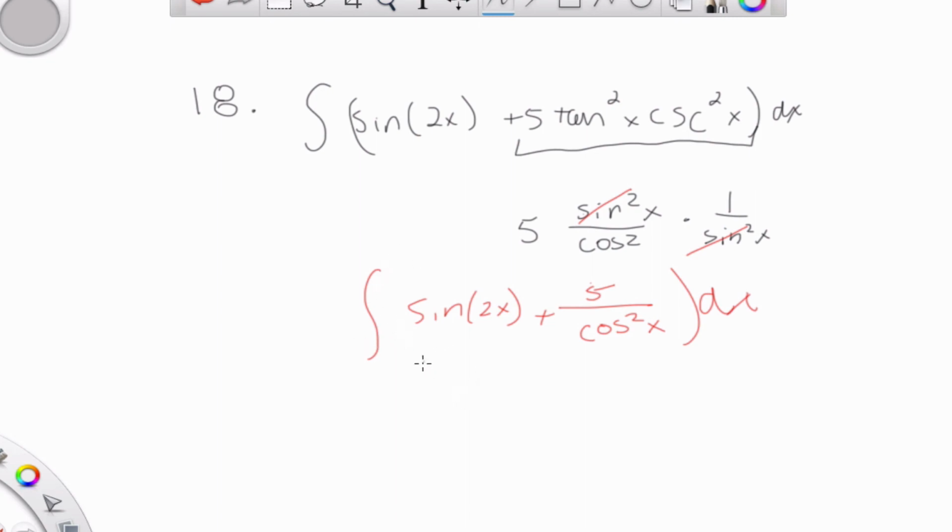The antiderivative of sine is minus cosine, and it's going to give you an extra half in there. And then the antiderivative of cosine squared x is tangent, and that 5 is just a constant, so that just comes along, so it's 5 tangent plus c.